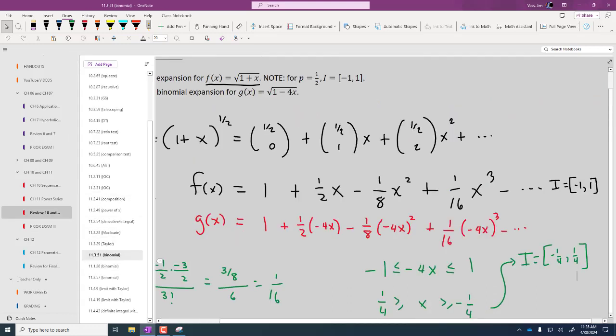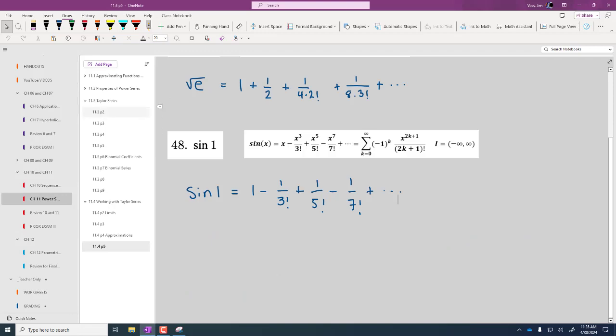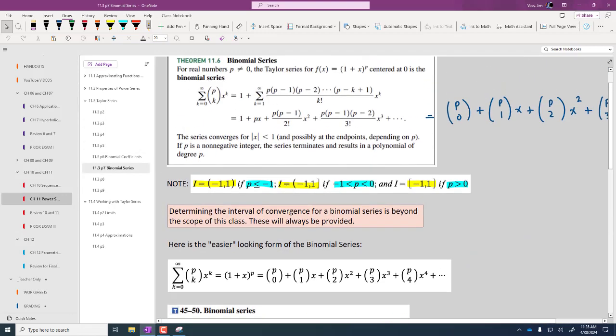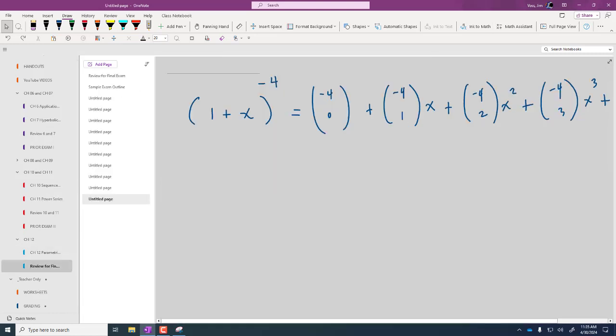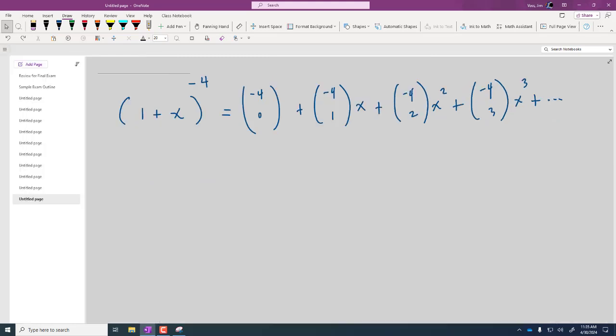We're going to exclude both endpoints when we go to a binomial series. We're in this category here, less than -1, so exclude both endpoints. And that will be told to us. So this interval is -1 to 1, like that.